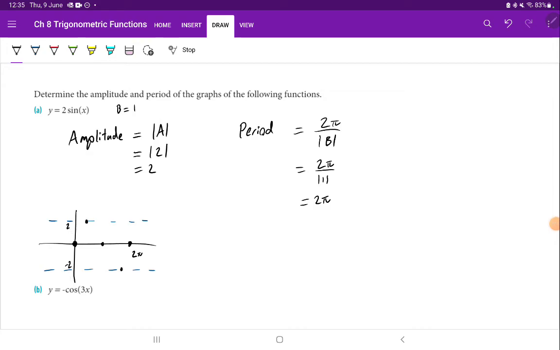Well, since this is 0 and this is 2 pi on the x-axis, halfway through is going to be pi. Halfway between 0 and pi is going to be pi on 2, and halfway between pi and 2 pi is going to be 3 pi on 2.